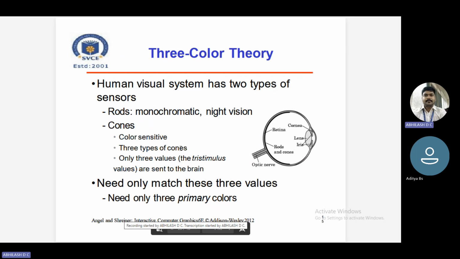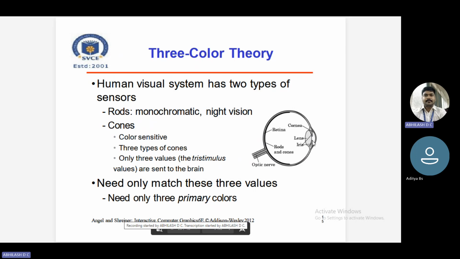There are three types of cones, not to discuss now because we are not learning biology, but the point is how the image will be formed. Looking at the diagram of an eye, the first thing is the cornea, the outer layer of the eye, and the iris, which varies, right? It can be pulled and pushed, so that the amount of light entering the lens is controlled.